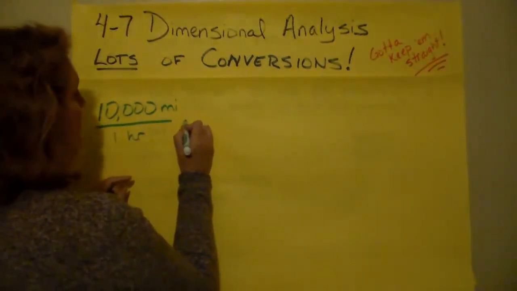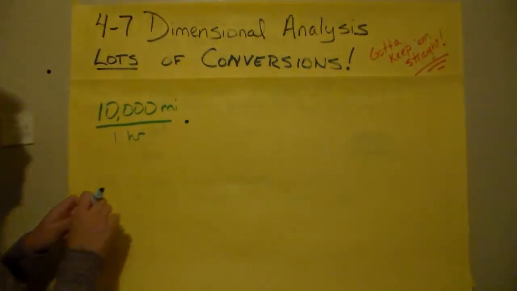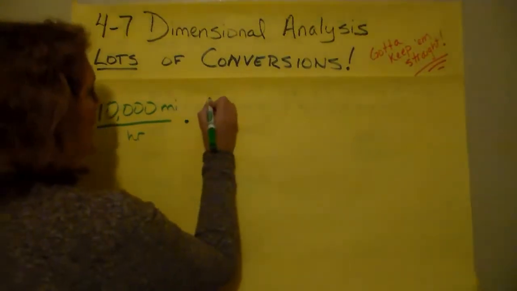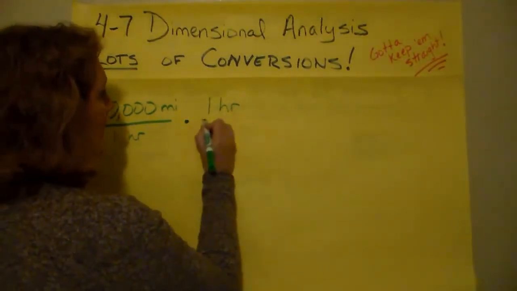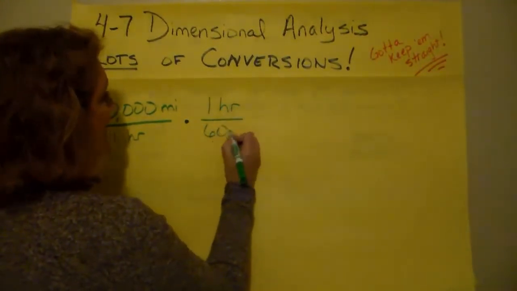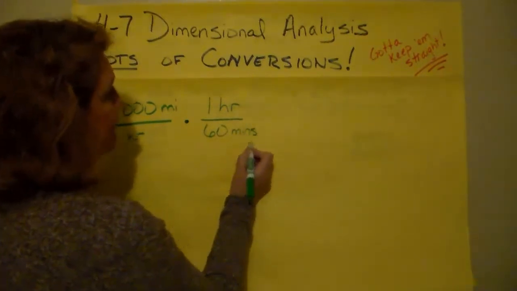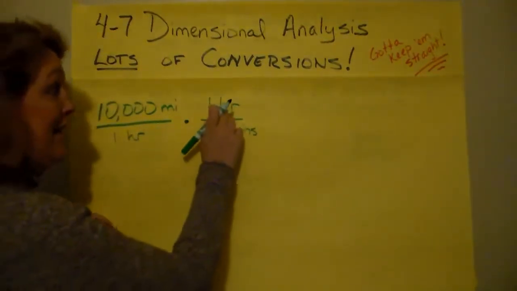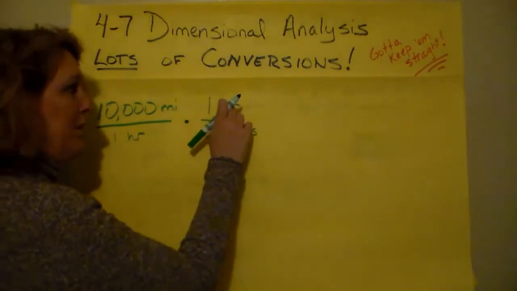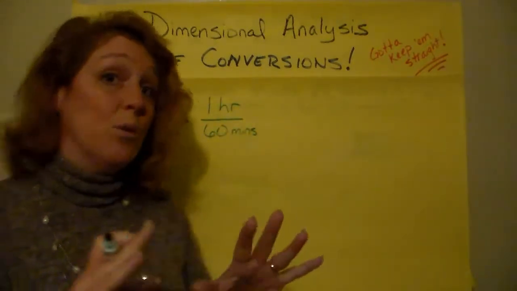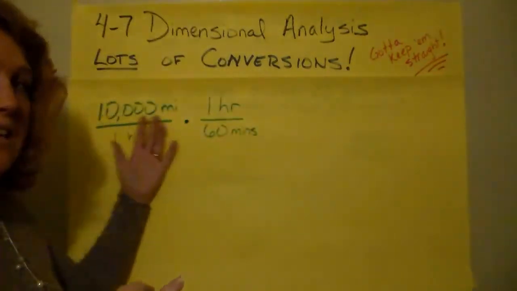What if I multiplied it and I said 1 hour on top and I said 60 minutes on the bottom? Now, do you see how these are the same thing, and when you put one number over the same number, it equals 1? So I'm not changing anything here.